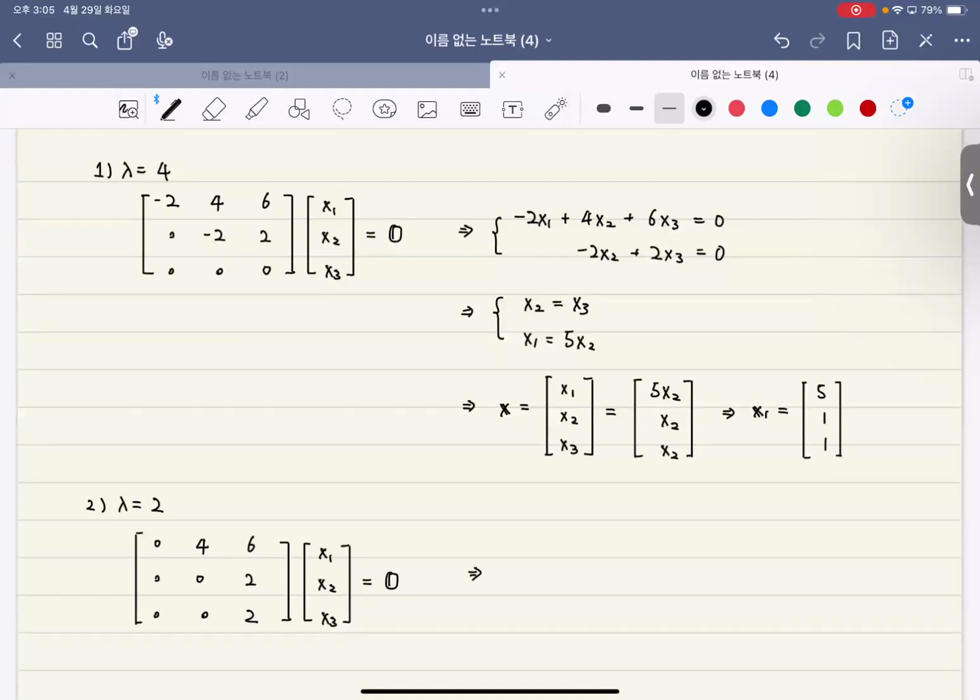So 4x2 plus 6x3 equals 0, and 2x3 equals 0.